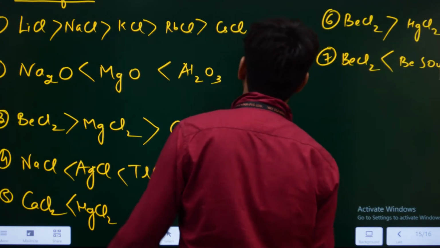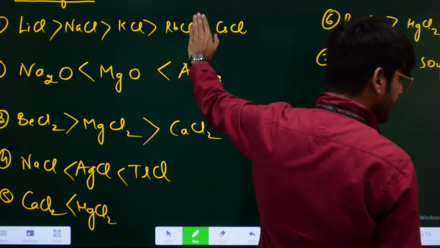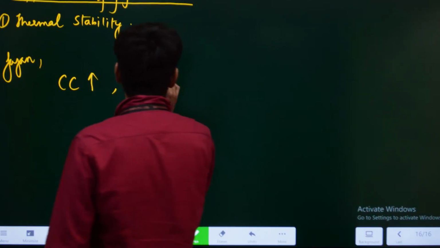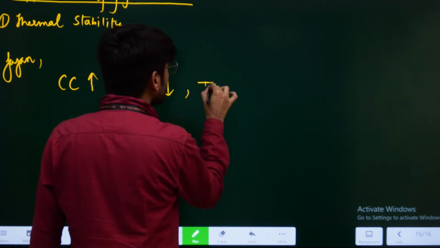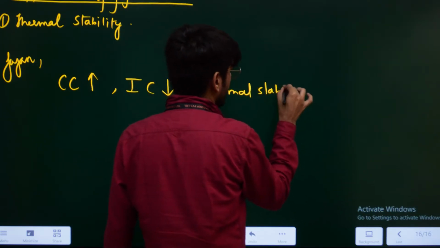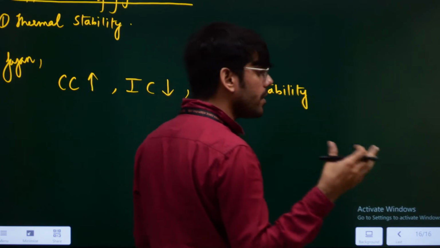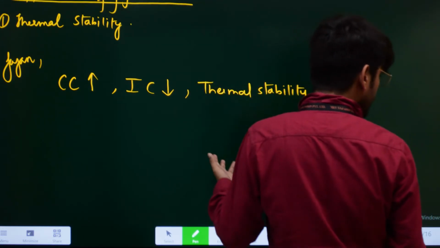So if I ask you to arrange the following in the order of ionic character, please reverse this order. Covalent character increases, ionic character decreases. Can I say if ionic character decreases, thermal stability decreases? Thermal stability means the bond is strong and not breaking easily.